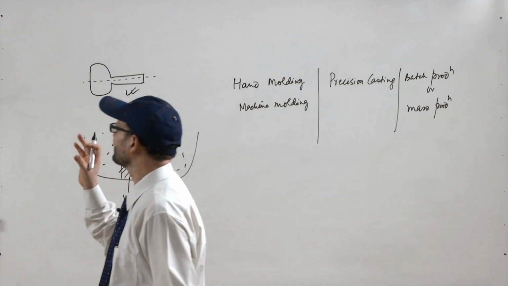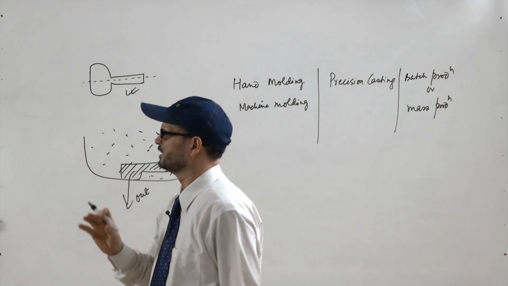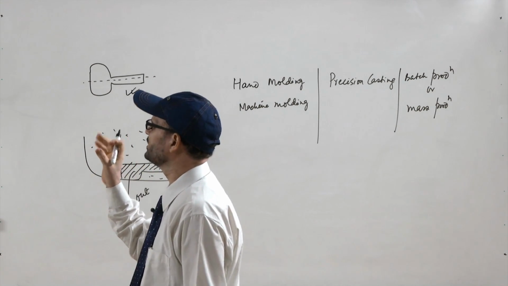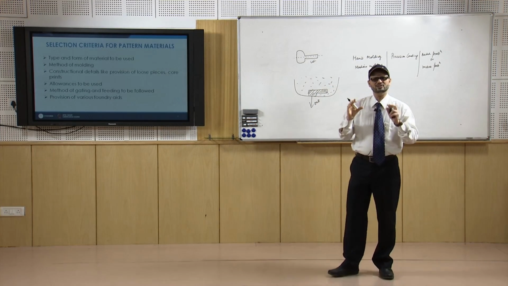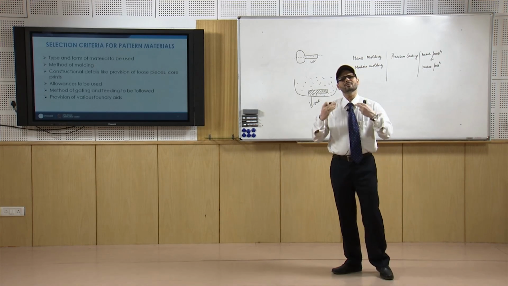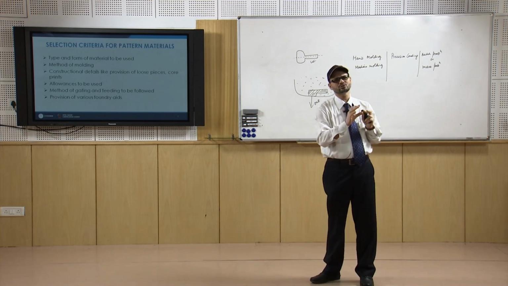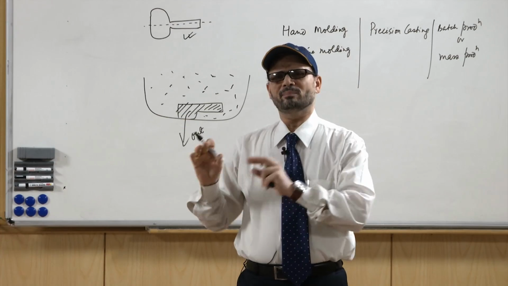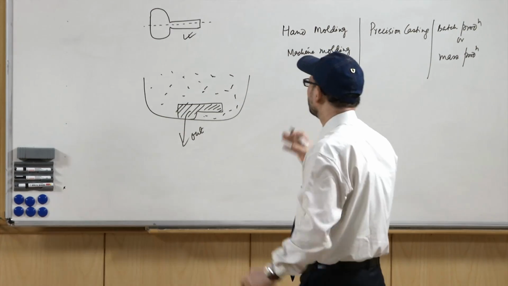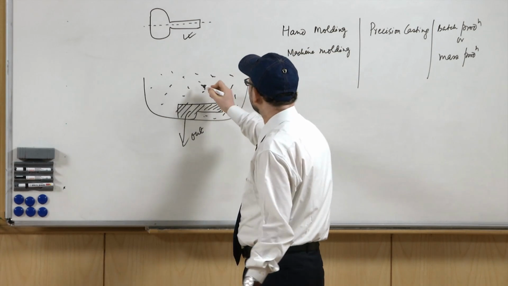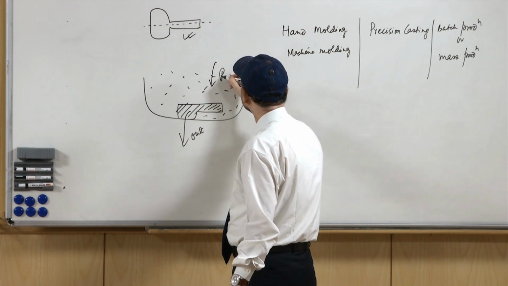Now, selection criteria for pattern materials, that is type and form of material to be used. So, basically we have to first of all see what type of material we have to use, whether we have to use wood or metal, in what form. Method of molding: in the molding process, the ramming is done.